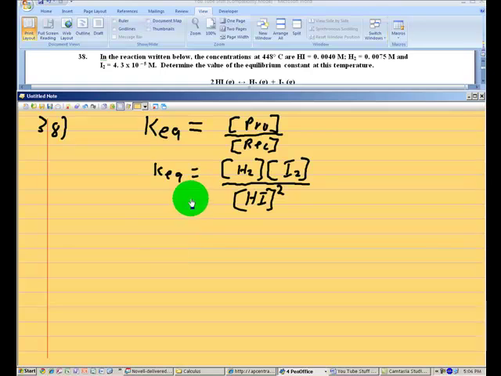If we now plug in our values, then this would equal: the H2 concentration was 0.0075. The concentration of the I2, we can see in the problem, is 4.3 times 10 to the minus 5 molar.